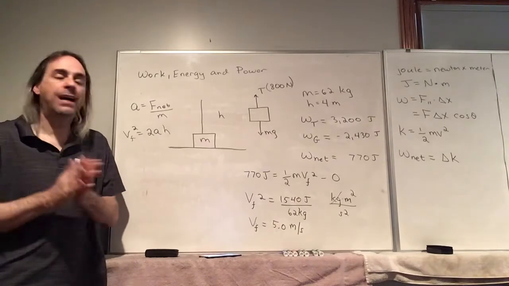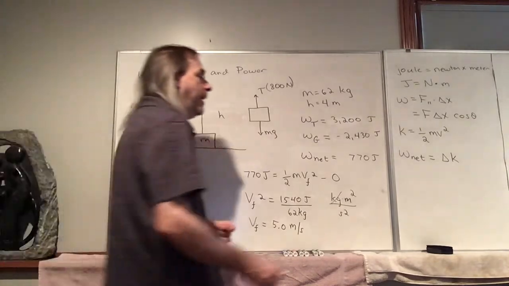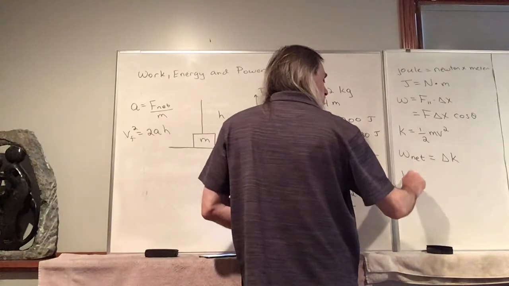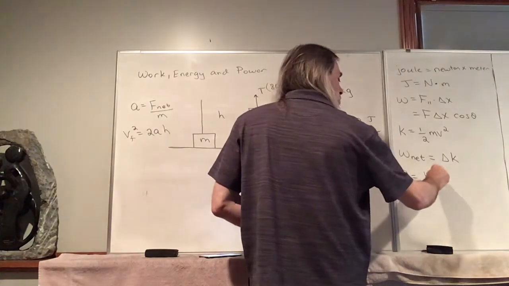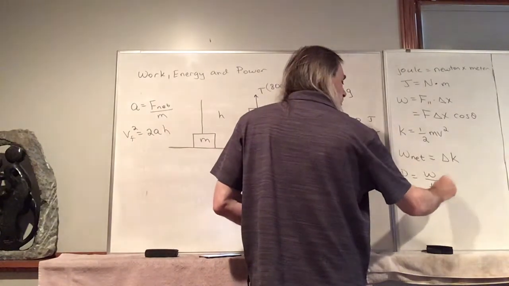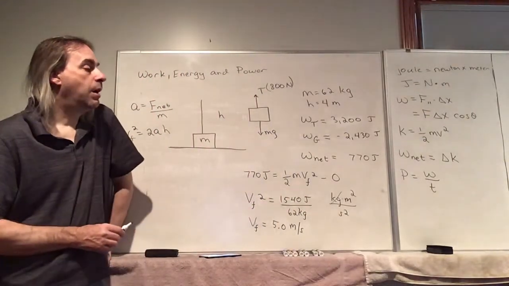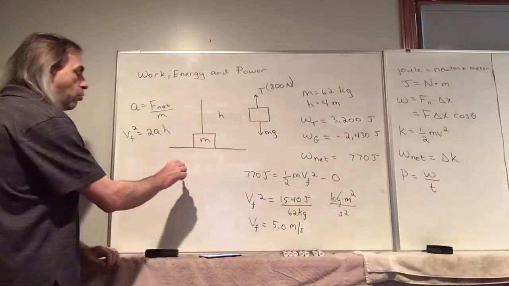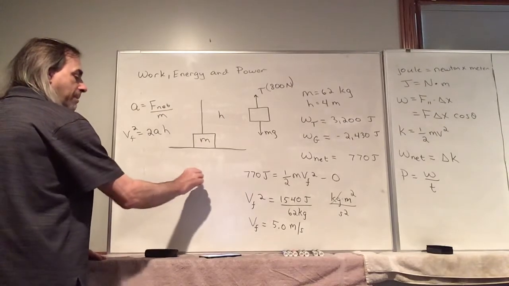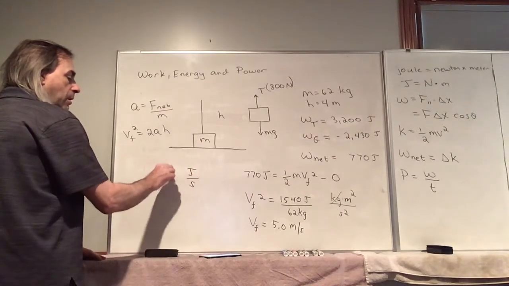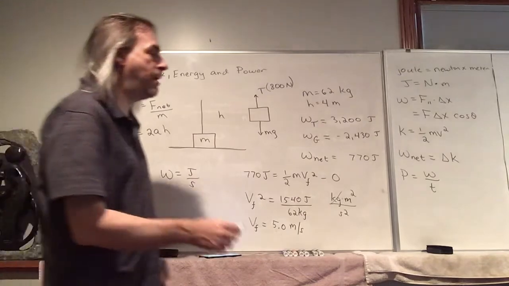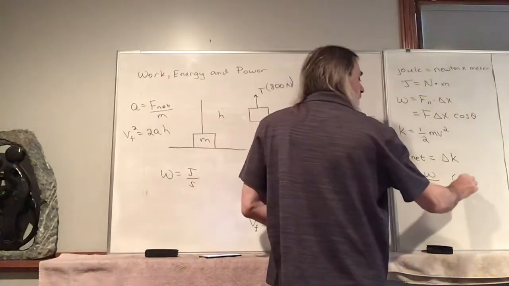So to take time into account, we define power as just work over time. Work is measured in joules and time is measured in seconds. We give that a name. We measure power in something called watts.